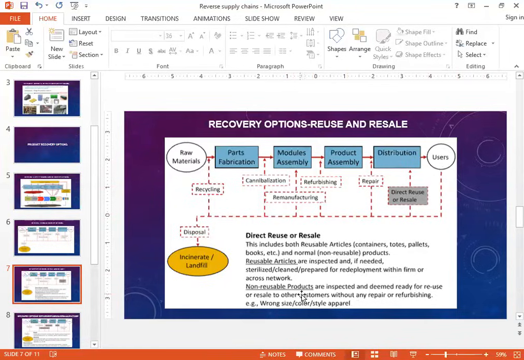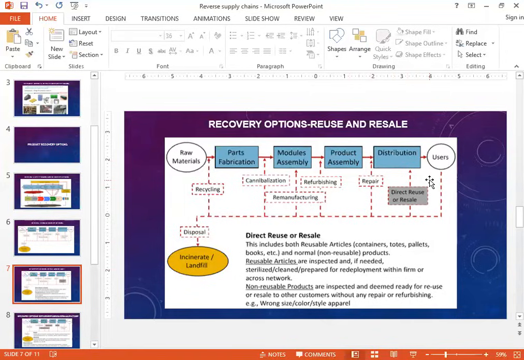But there may be a situation where it's not necessarily a reusable article, but the product that has come in is not damaged or defective. It's just that perhaps it was the wrong size, color, or style. The consumer really didn't like it for some reason.